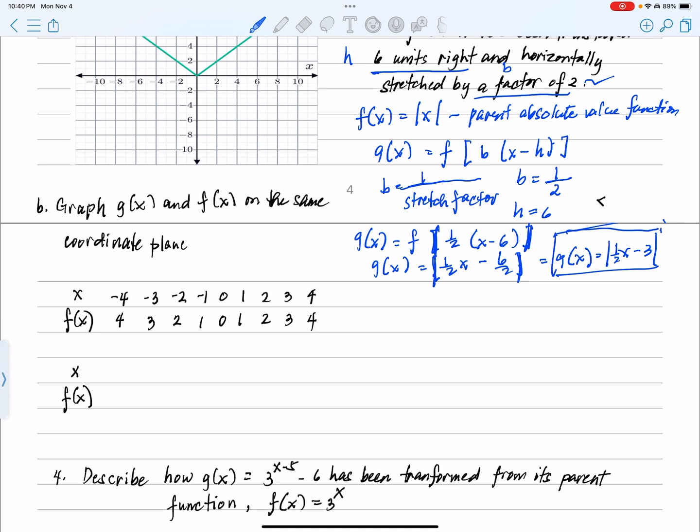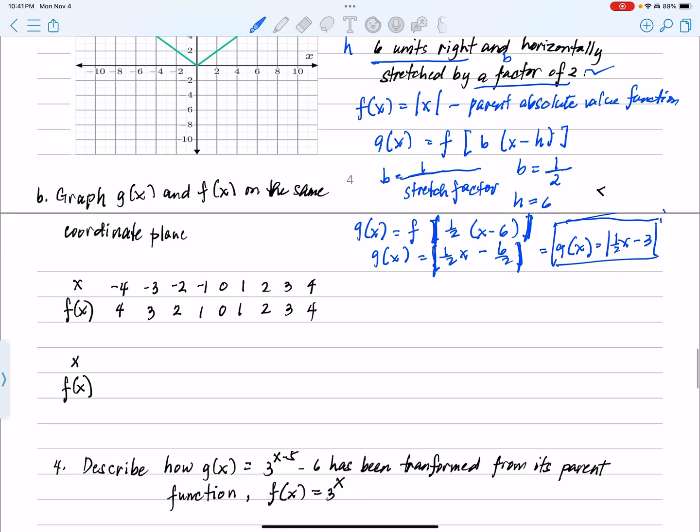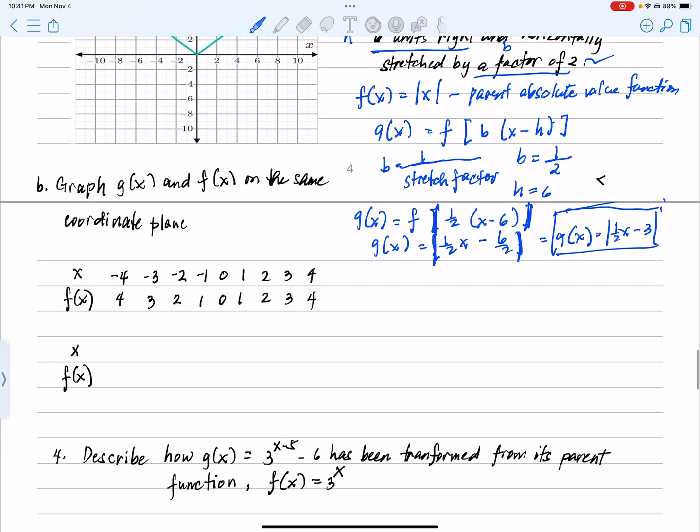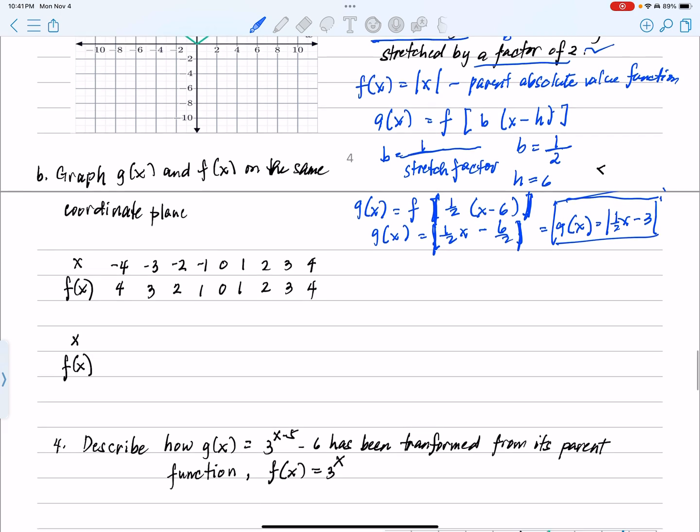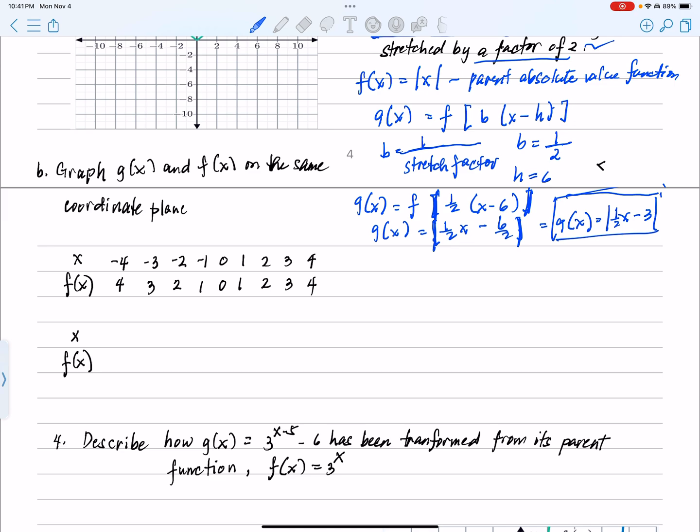We know that the function was translated 6 units to the right. So in order to identify the transformation, given an equation, we must convert it to the standard form by factoring the coefficient of x.